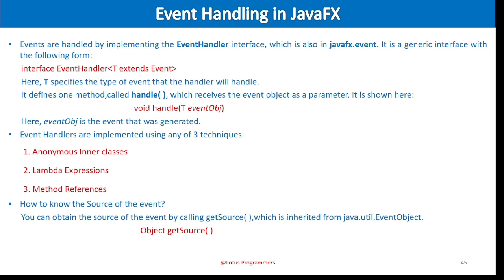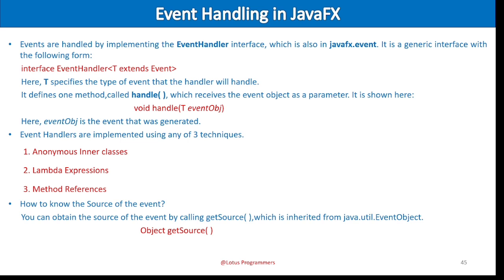The definition of anonymous inner classes is somewhat difficult to implement. In order to simplify that mechanism, there are two different methods available. By using lambda expressions, we can simplify the event handling mechanism, or by using method references also, we can simplify the event handling mechanism.